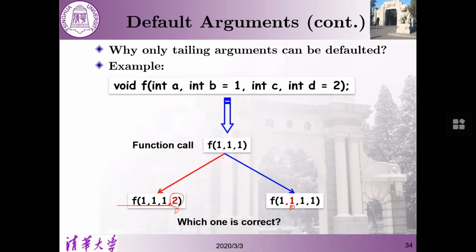There's ambiguity or errors sometimes, so we cannot know which version is called. By this trailing argument rule, we have a single determination: we know that only the last one is defaulted.